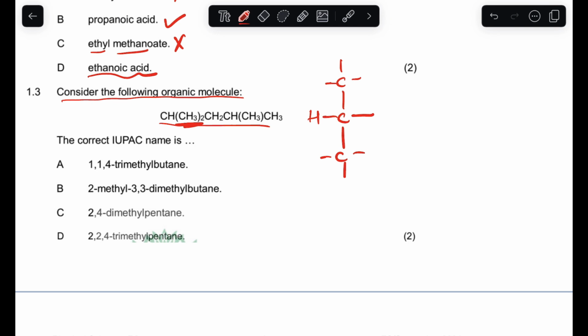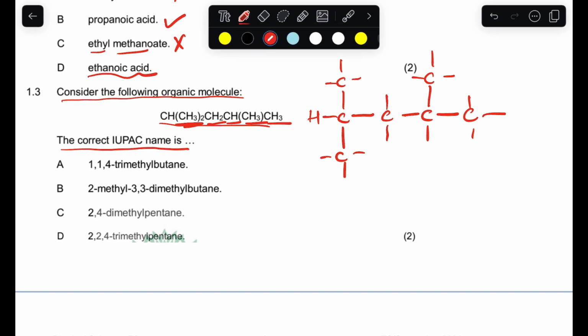Then we have CH2, here's the CH2, and then we have a CH, and then we have a CH3 in this CH, that is a branch, and another CH3 there, right? So what is this? It says the correct IUPAC name of this.